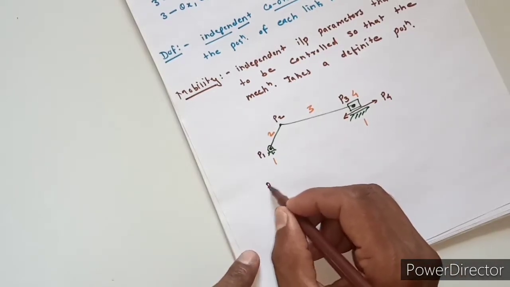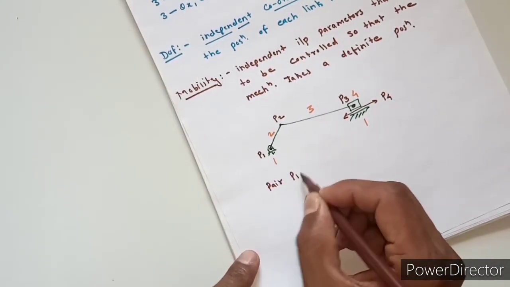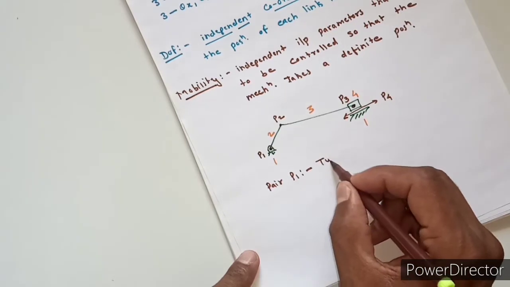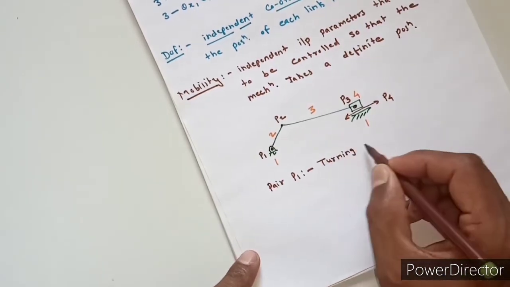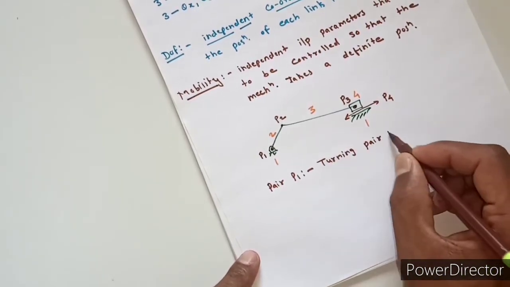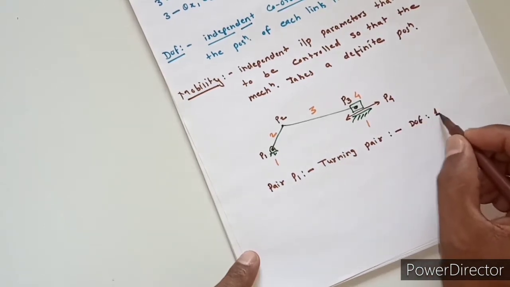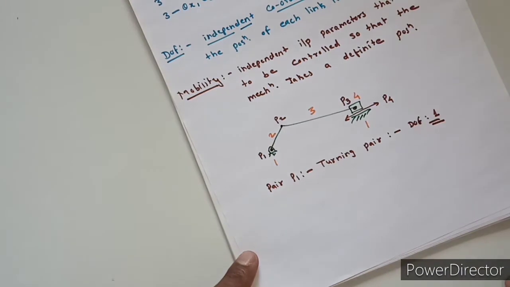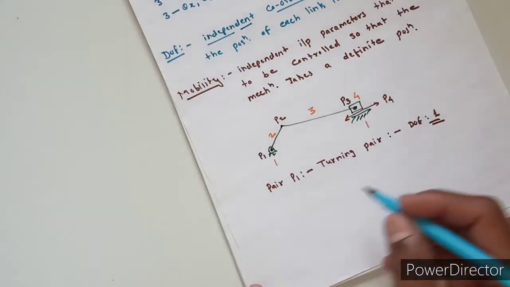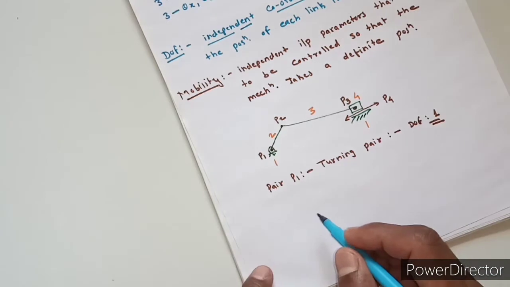Now for pair P1, which is a turning pair, degree of freedom of this turning pair is 1, since it is a pin joint, it has only pure turning motion. So degrees of freedom are 1.